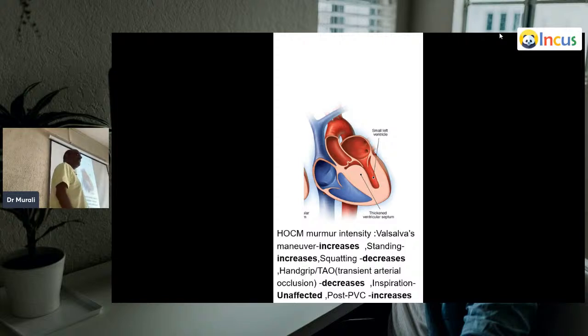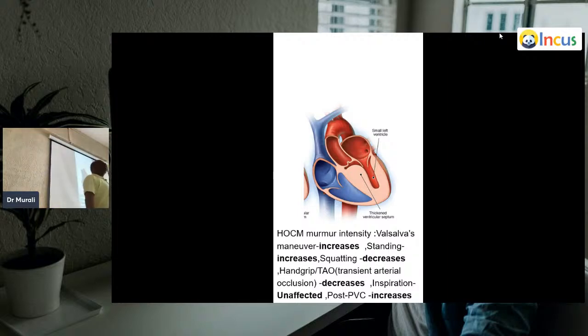Squatting normally increases venous return, which is opposite to standing. Increased venous return will increase the preload, and increased preload will increase the chamber size of the left ventricle, which will decrease the touching, decrease the obstruction, and lead to a decreased murmur.